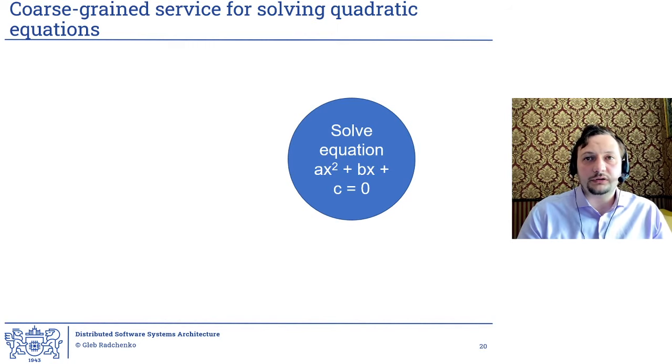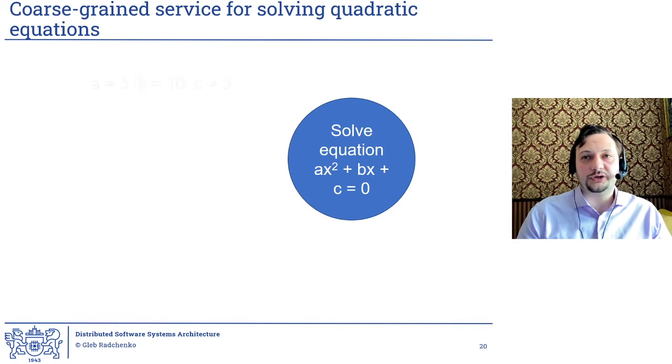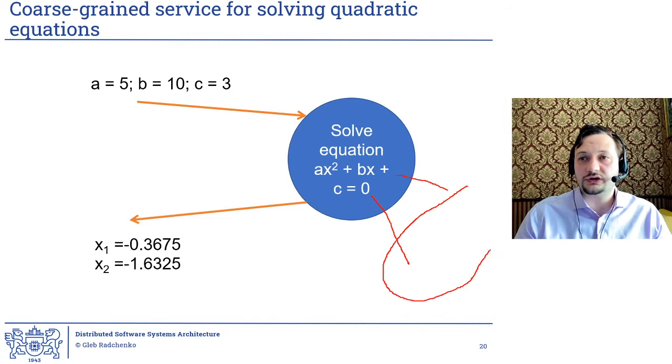As a possible example of this coarse-grained service, you can see a service to solve quadratic equations. We send a request to this service, and then we get a response from it. And this service encapsulates all the functionality of how it works inside.